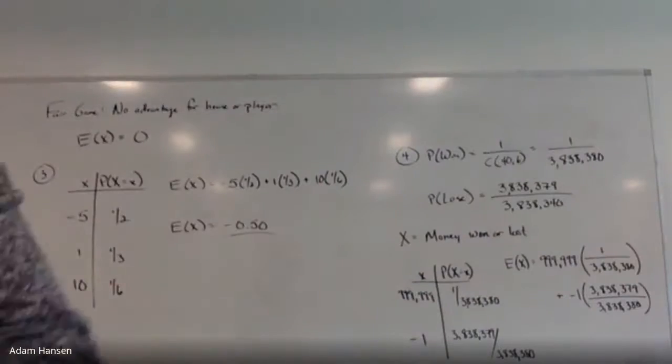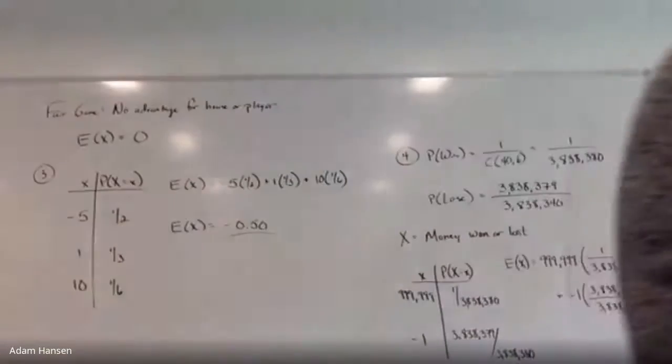I multiply the outcome times the probability, and I add them together.